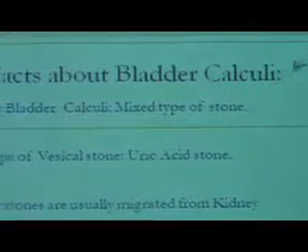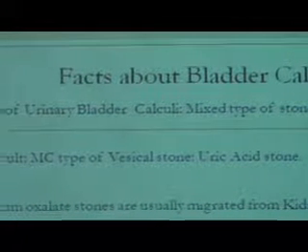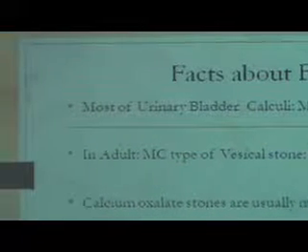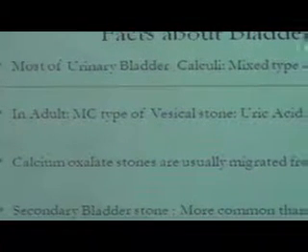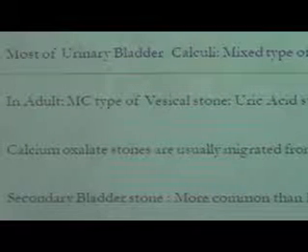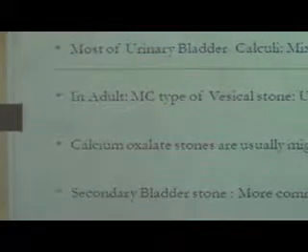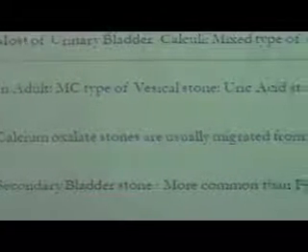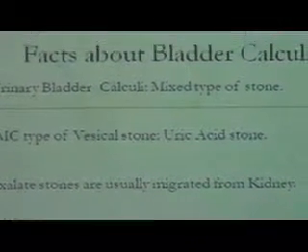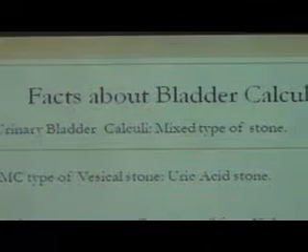Okay, and calcium oxalate stone is usually migrated from the kidney. Why? Because the most common type of renal stone is calcium oxalate. So calcium oxalate will migrate to the urinary bladder and present as a primary bladder stone. Okay, and the last fact is that secondary bladder stones are more common than primary. Okay.